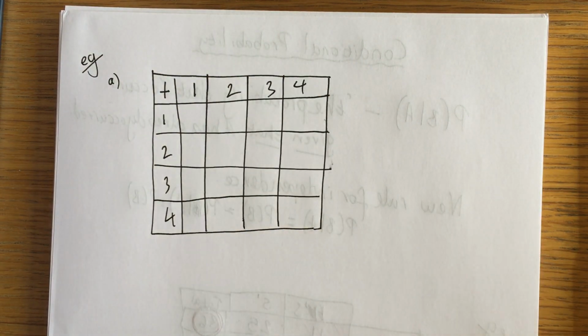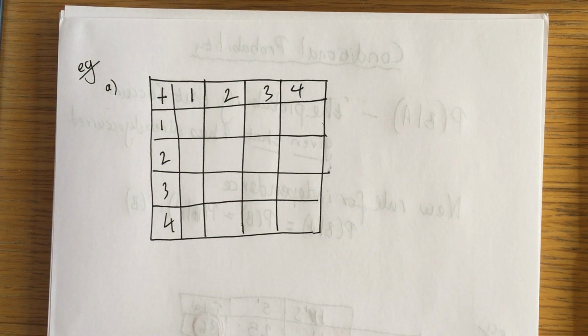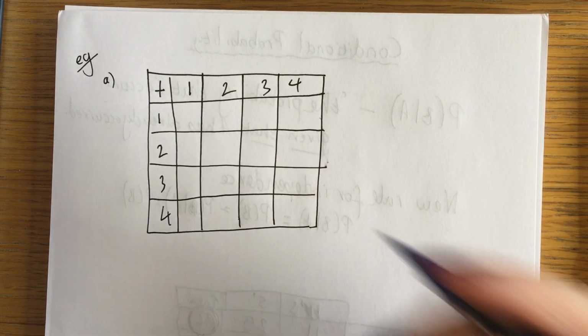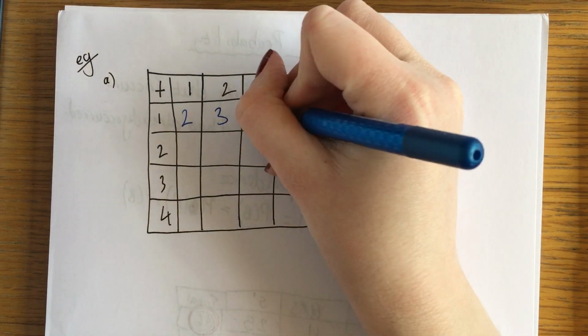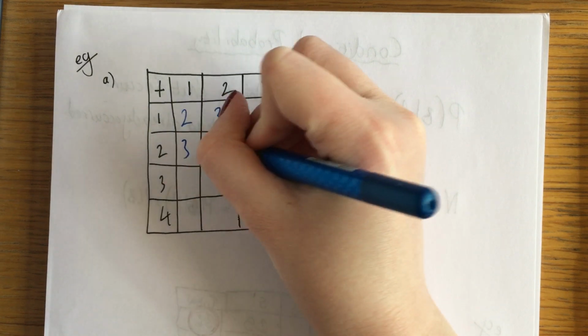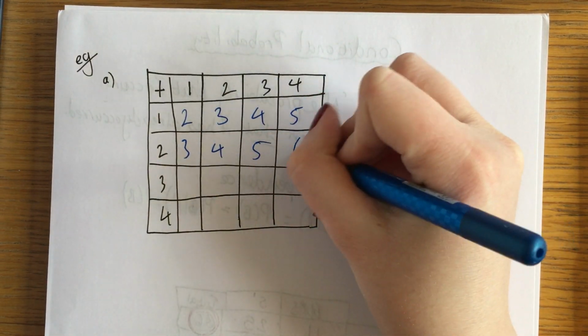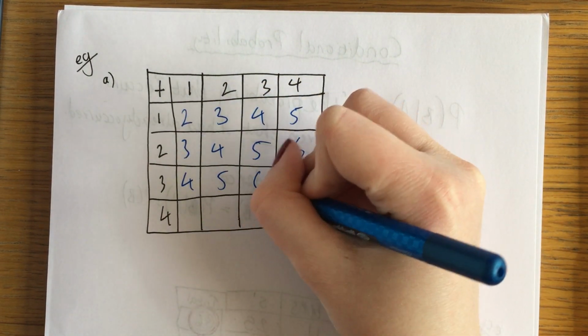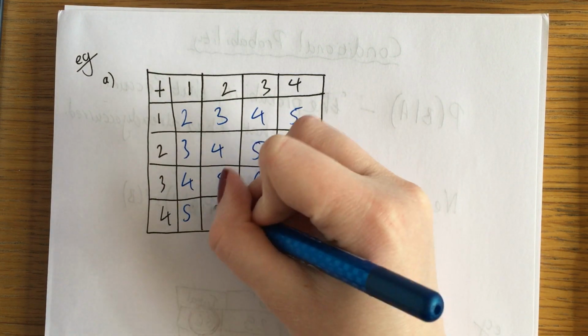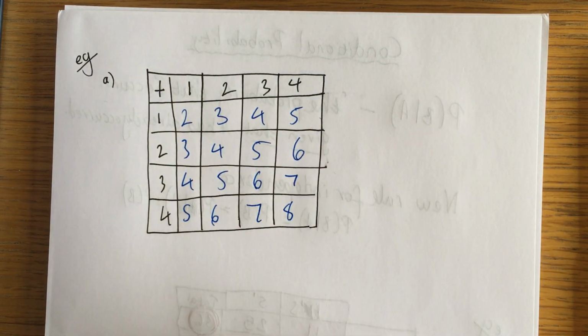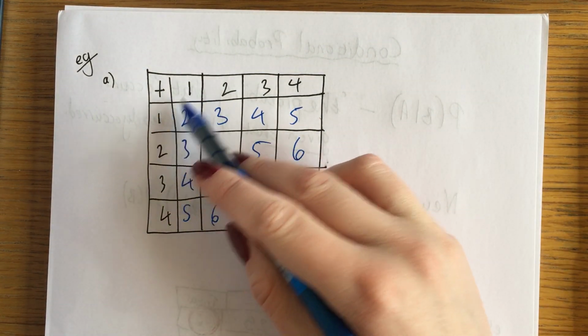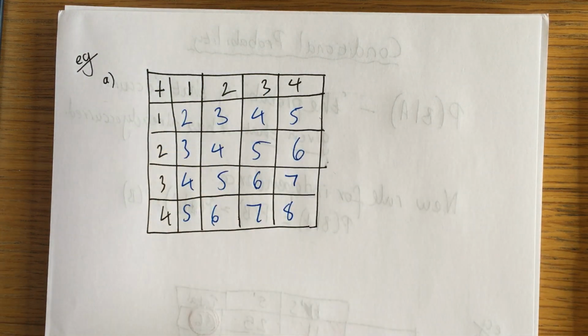So 1 add 1, let's fill it in with a colour, because I can. 2, 3, 4, 5, 3, 4, 5, 6, 4, 5, 6, 7, 5, 6, 7, 8. So that is the score of each of the dice added together.